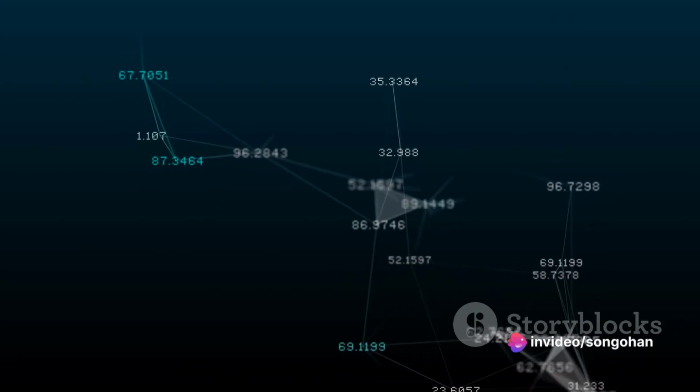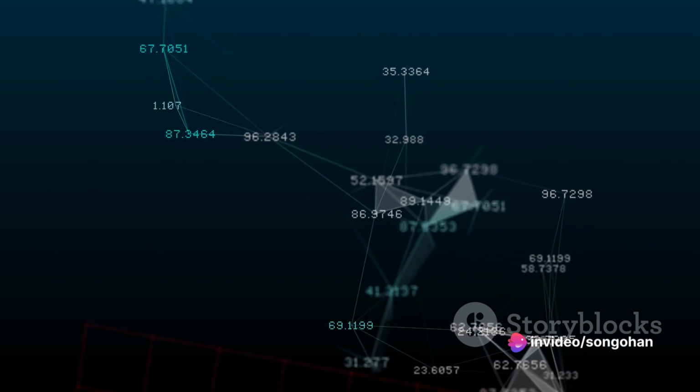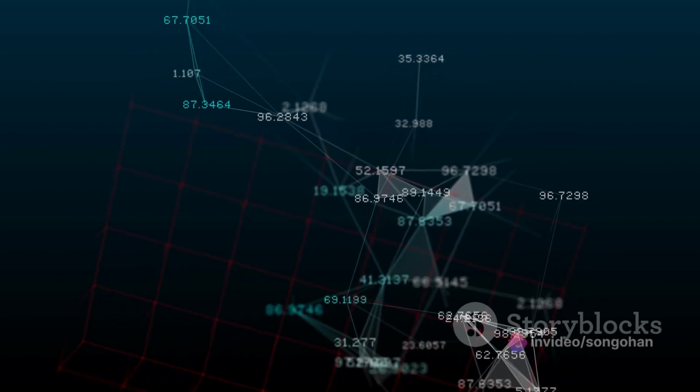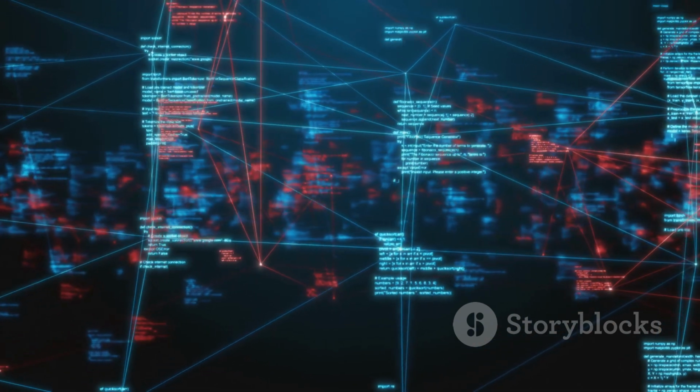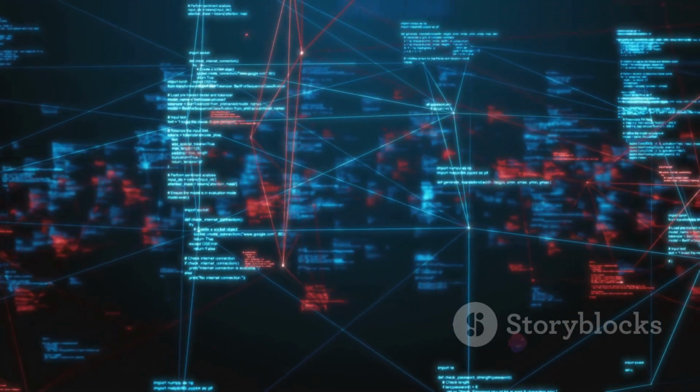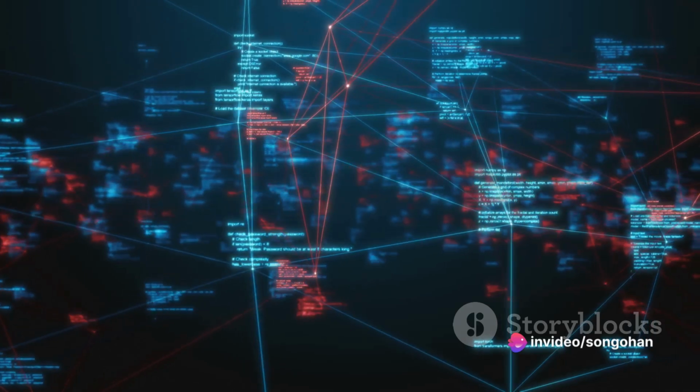This method divides the network into manageable chunks, making it easier to scan and analyze each segment. To sum it up, understanding your network's size, complexity, and the types of devices connected to it plays a pivotal role in choosing the right scanning tool and method. It's the first and a crucial step in optimizing your network scans.